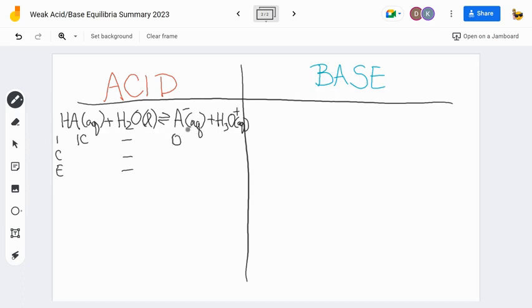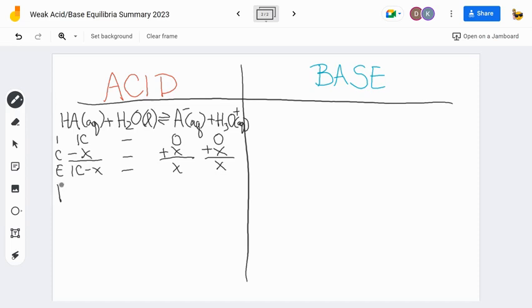And the initial for the products in these types of problems are going to be 0 because this is before any dissociation occurs. So then this is going to be minus X, and these are going to be plus X. So this is initial concentration minus X, and these are both X.